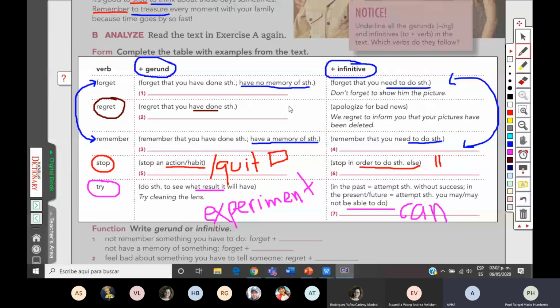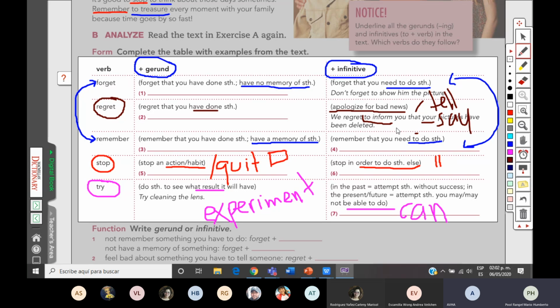Pero cuando queremos decir regret with infinitive, este es because we want to apologize for bad news. ¿Sí? Entonces, por lo regular con infinitivo siempre lo vamos a usar con, por ejemplo, inform, tell, say, explain, algo que tengamos que comunicar y que pues lamentamos hacerlo, ¿verdad?